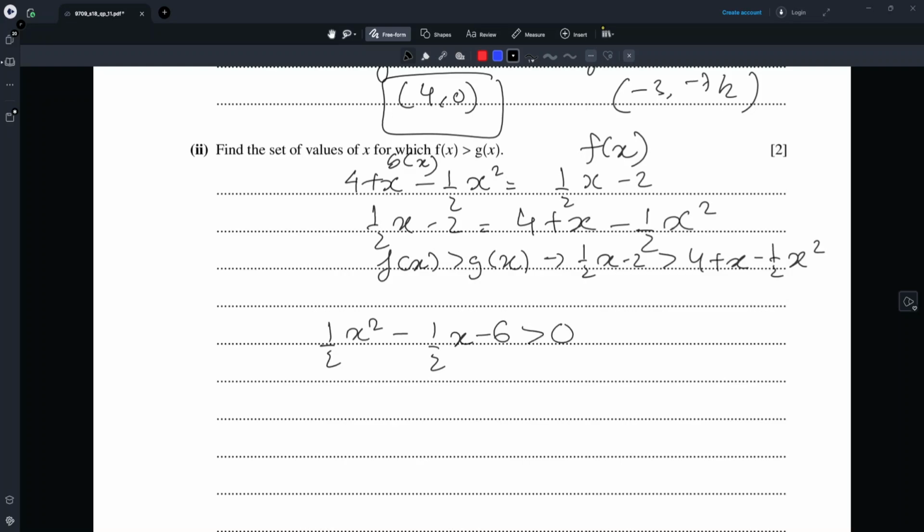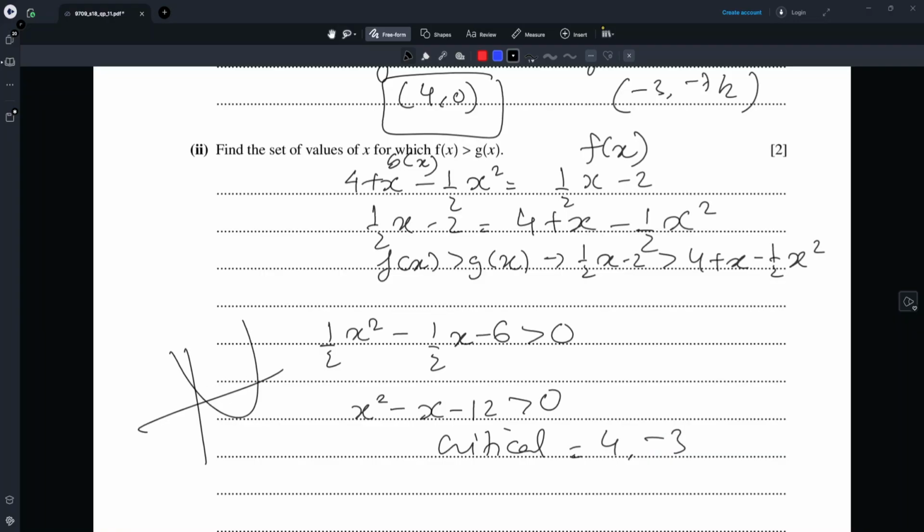And what this means is that we could now say this equals x squared minus x minus 12 greater than 0. So we have here critical values 4 and minus 3. Because this is your happy face curve, this is 4 and that is minus 3.